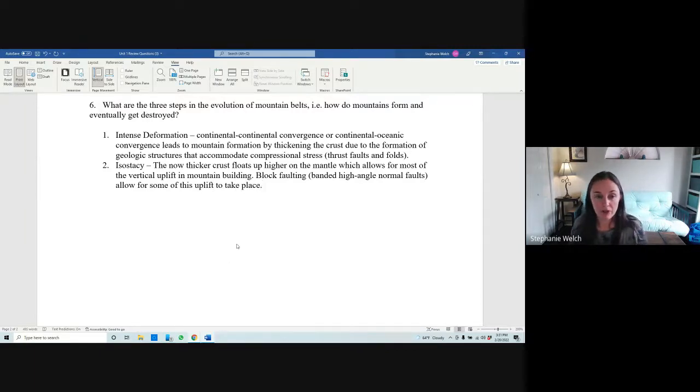So the first step in the evolution of mountain belts is that you have to crumple up the crust and make it thicker. The second is that that thicker crust has to then float up higher in the mantle. The third and final step, of course, has to be the eventual destruction of mountains by weathering and erosion.